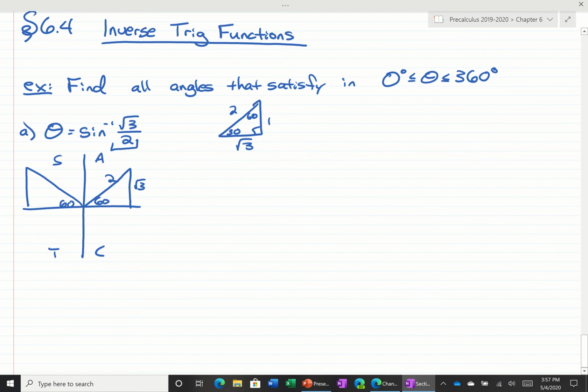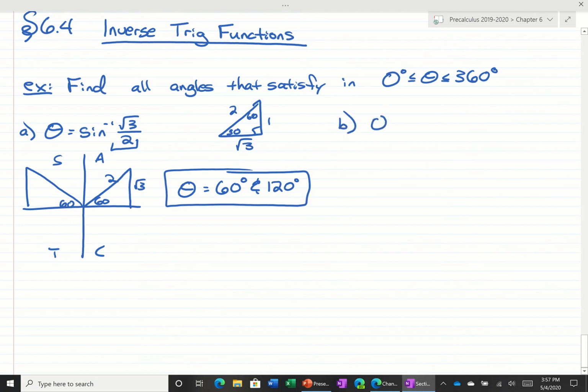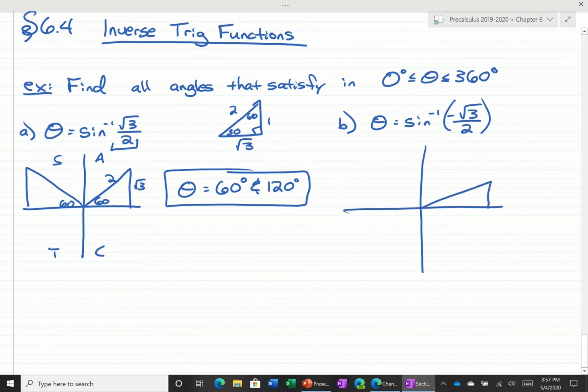So the angles that would work would be 60 degrees, and 180 minus the 60 is 120. What if I asked you what angle gives us an inverse sine of negative root 3 over 2? Obviously, it's similar to what we just did, but if I drew 60 degrees, that would give us a sine of positive root 3 over 2.